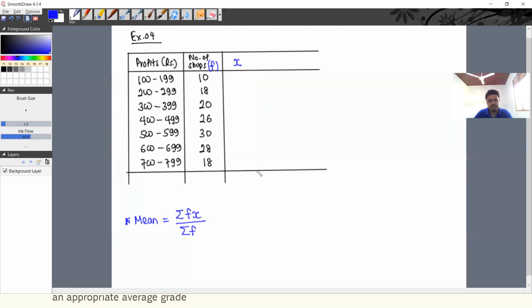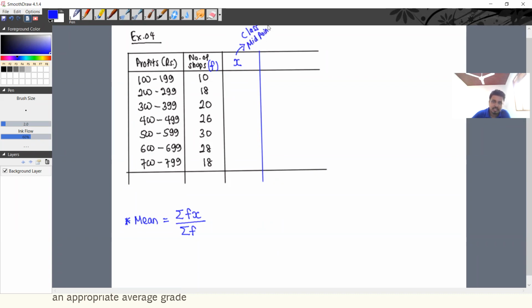How can we find that? What is x actually? Yes, upper value plus lower value divided by 2. X is just the nickname we use. Its real name is the class midpoint.